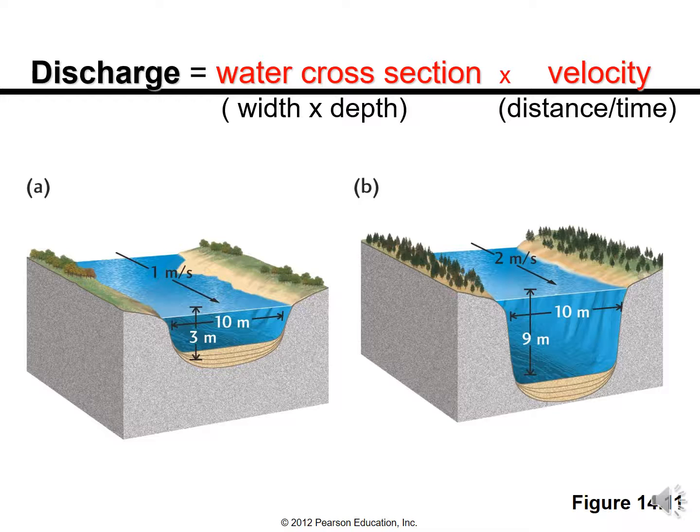So 30 cubic meters per second is the discharge for this particular river A. And river B, you have 9 times 10 is 90, times 2 is 180 cubic meters per second. So discharge is much higher in river B.